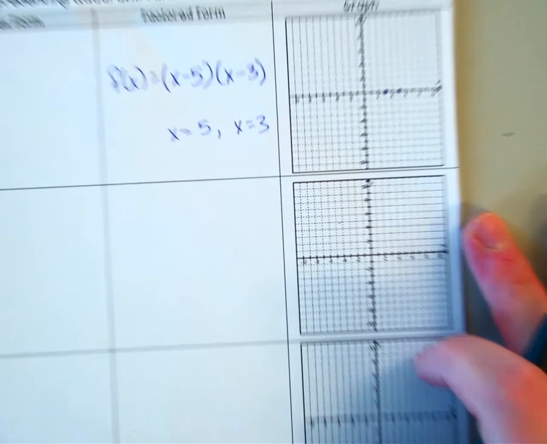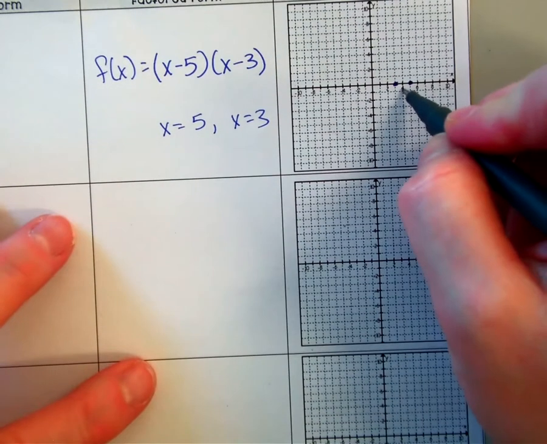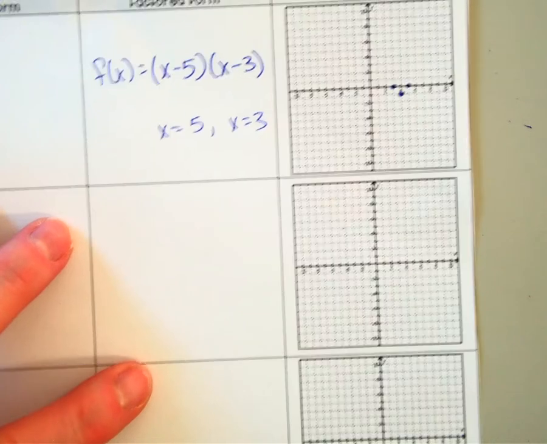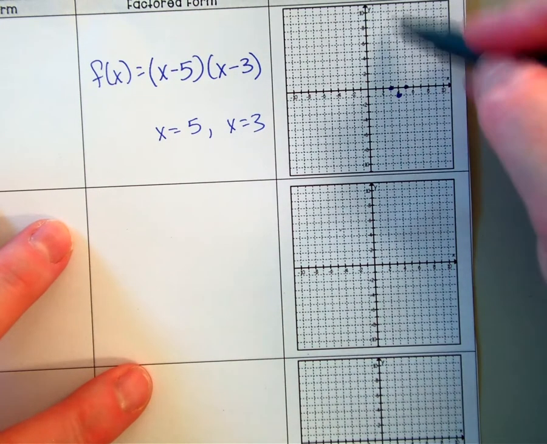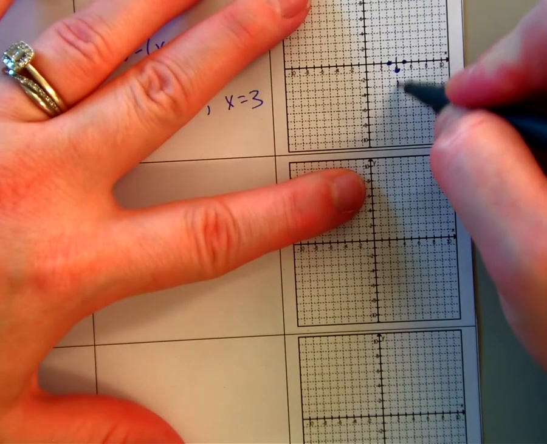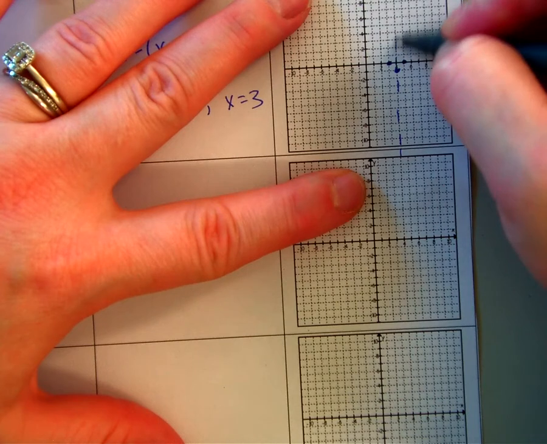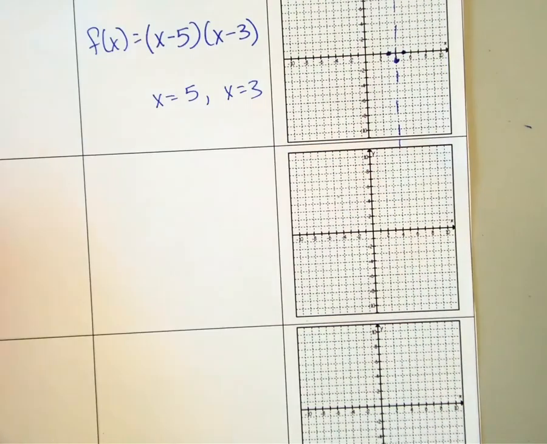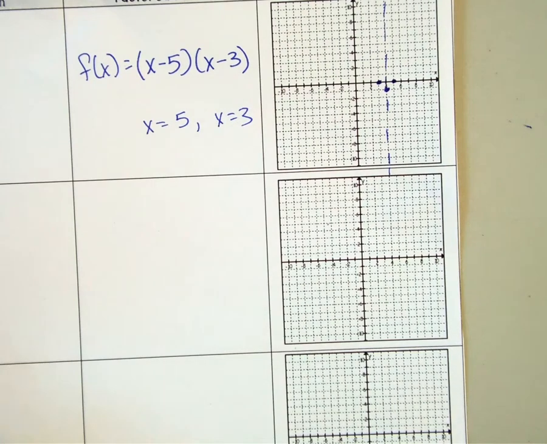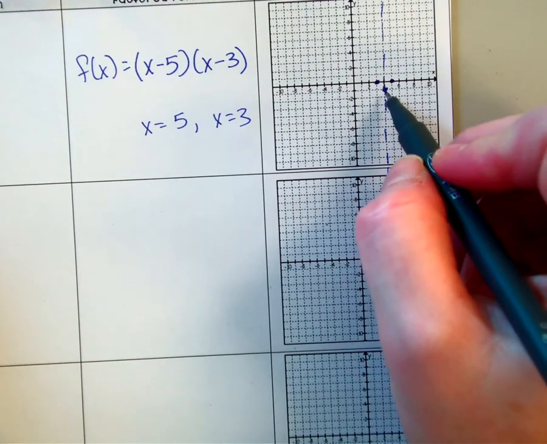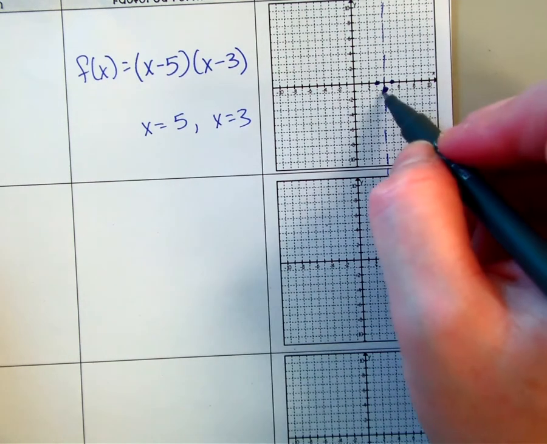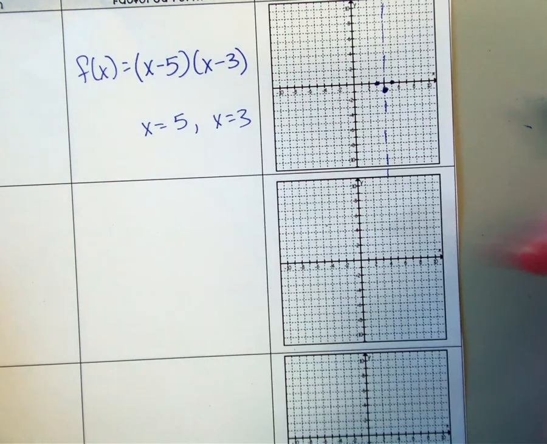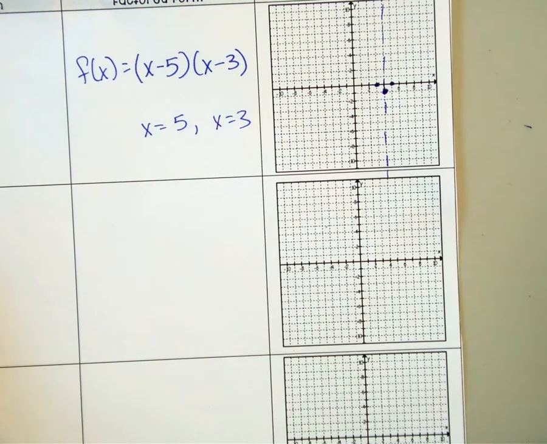So I can then use that to help me finish my parabola without using a calculator. I can see because these are only 1 apart, that means my axis of symmetry is going to end up being right there where x is a 4. So my pattern for the quadratics is that it's going to be up 1 over 1 to get to that point, up 1 over 1 to get to that point.